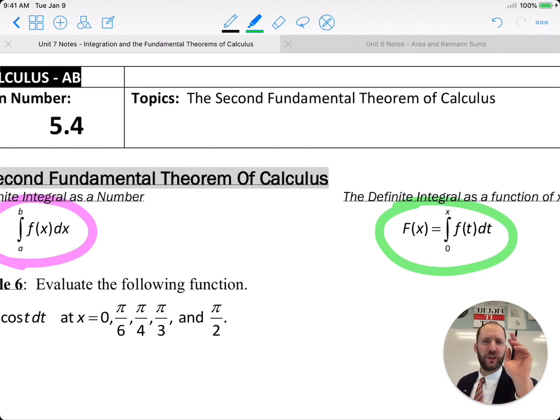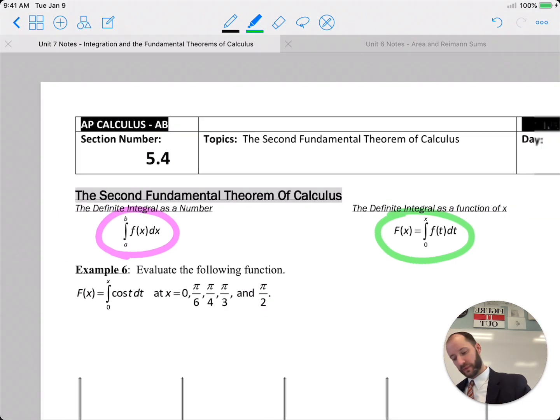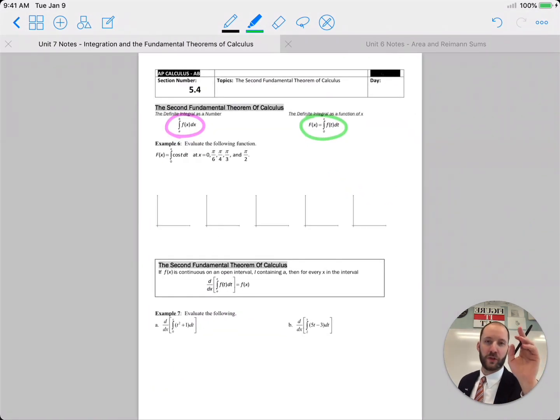So let's look at this in practice, how it happens, and we'll develop a pretty nice shortcut for the process, okay? The first step of the shortcut is you're going to skip example 6, okay?